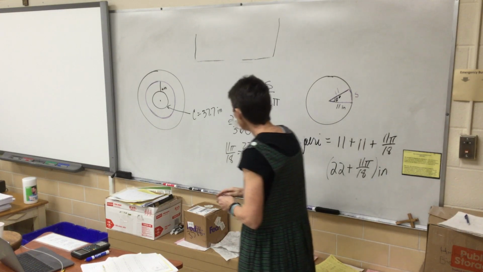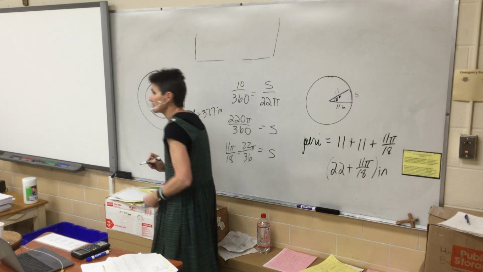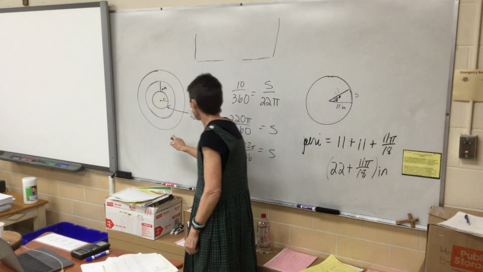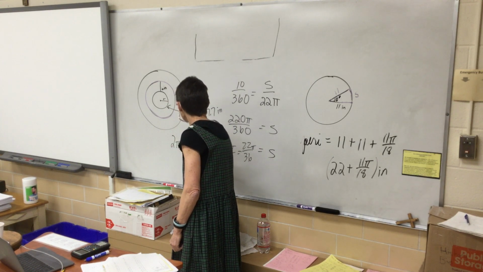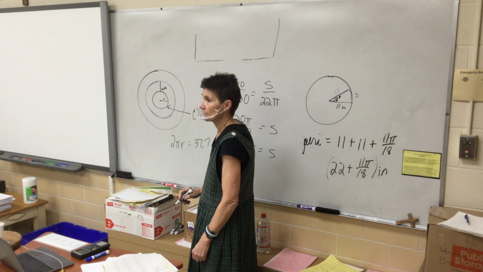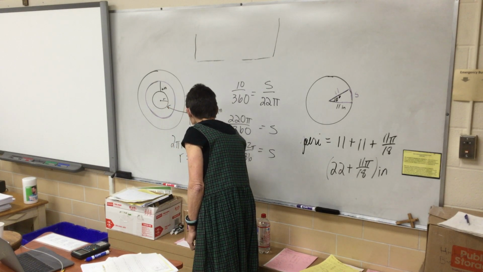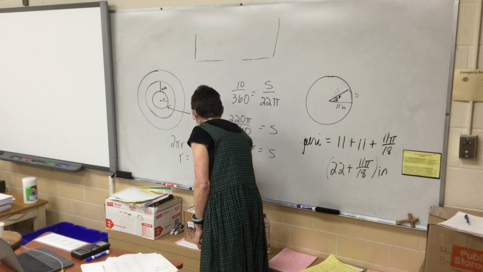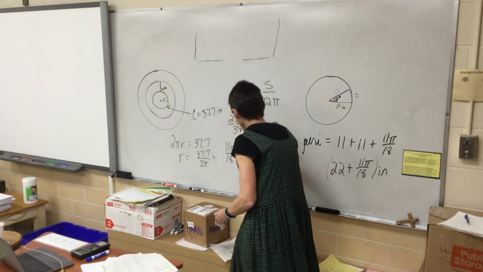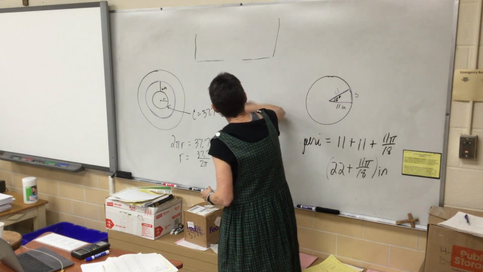37.7 equals 2 pi r. Okay, so he says, first of all, let's find the radius of the inside circle. So 2 pi r equals 37.7. So r equals 37.7 over 2 pi. Now they used a decimal, so we'll go ahead and use a decimal.